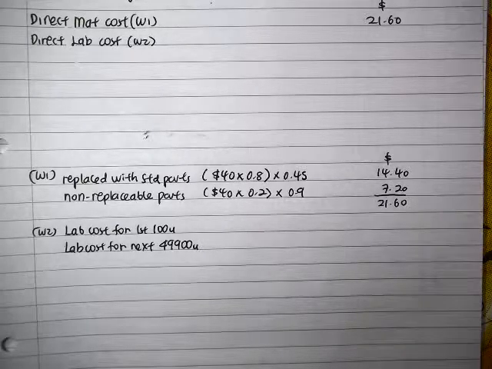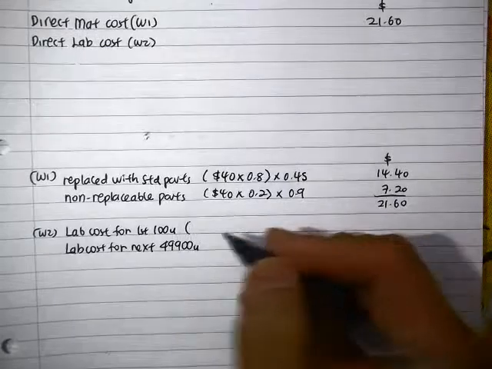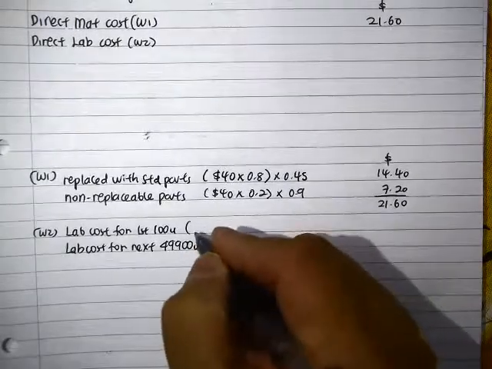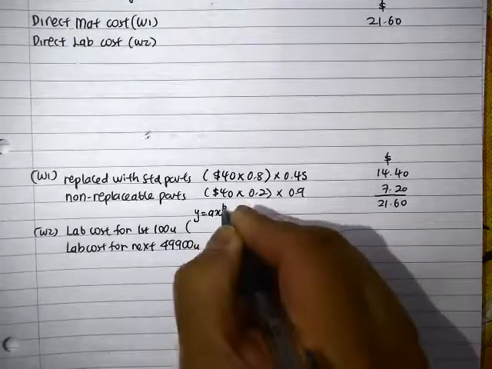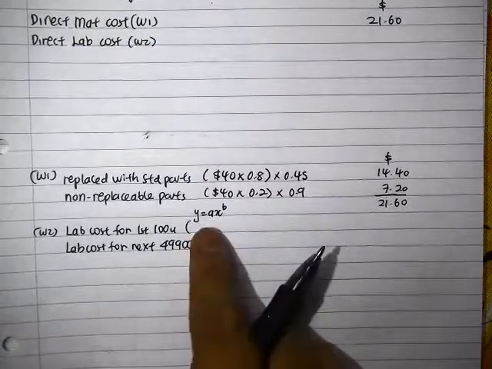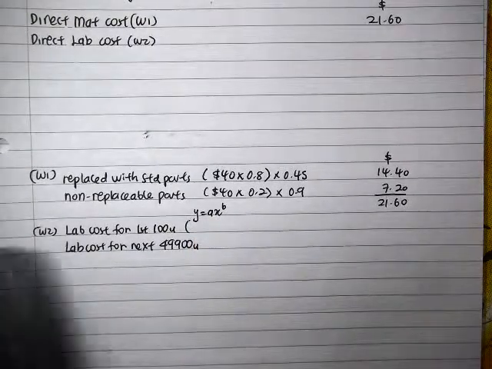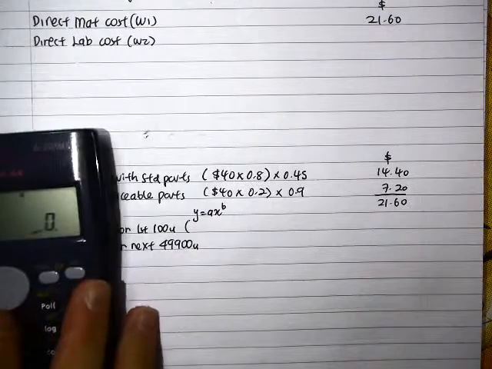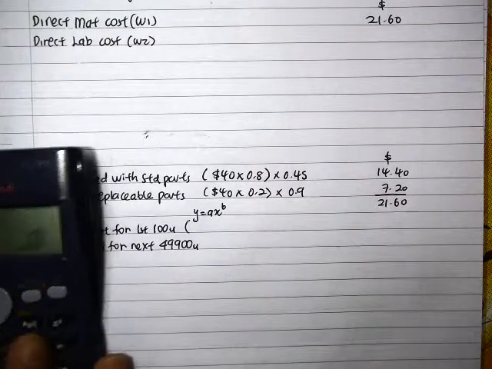So for the first 100 units, you're going to use the formula y equals ax to the power of b. Now I just straight away show the amount here. In the exam you show working. You should know this very well now because the amounts are all given.